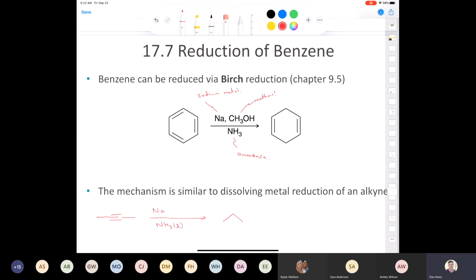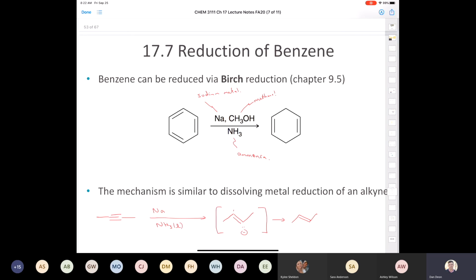We ended up forming the radical anion, looking something like this, and then you had the negative charge here, right? And we said that they want to get away from each other as far as possible, and that's why you end up with a trans alkene like that.